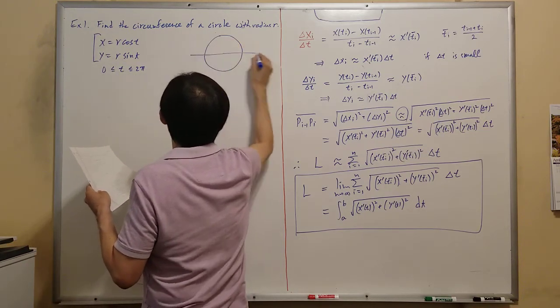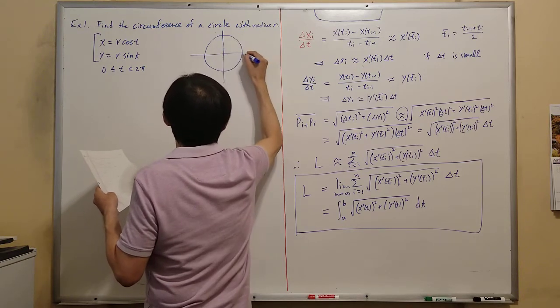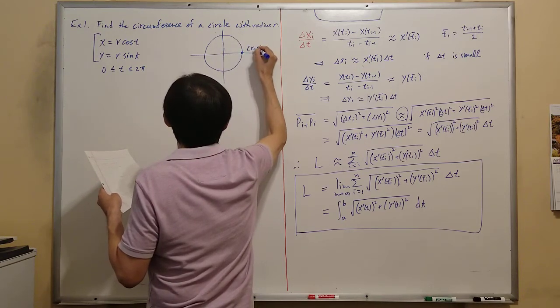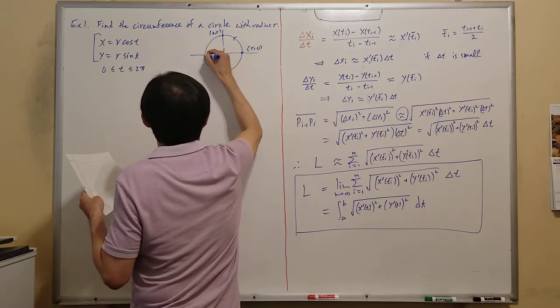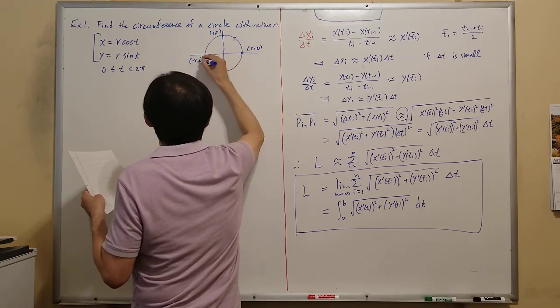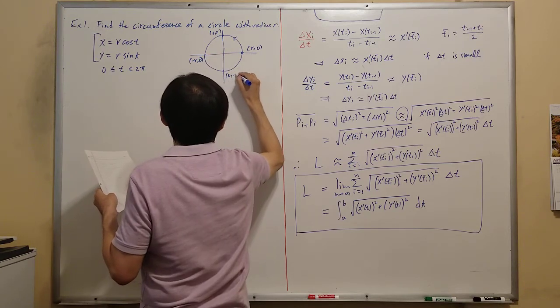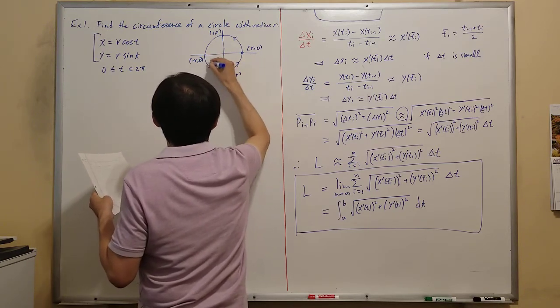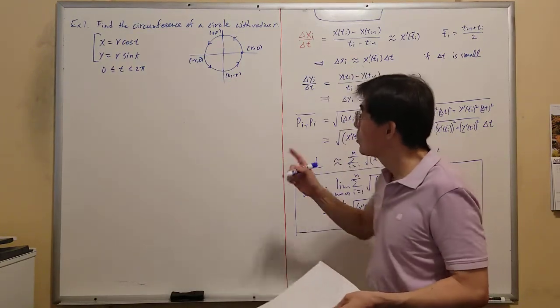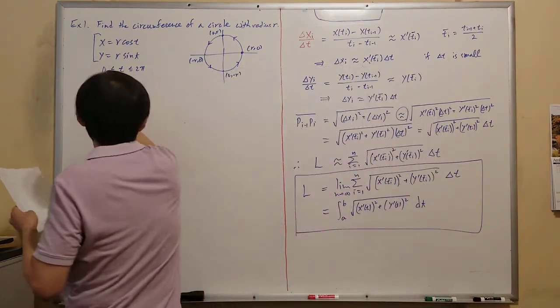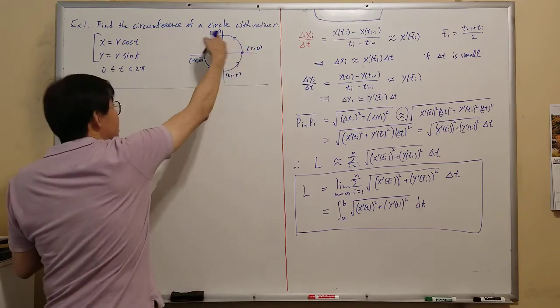Right? Then it'll go from here, (1, 0), counterclockwise, and come back to this one after one turn. That's what we learned. So let's find the arc length from here to here.